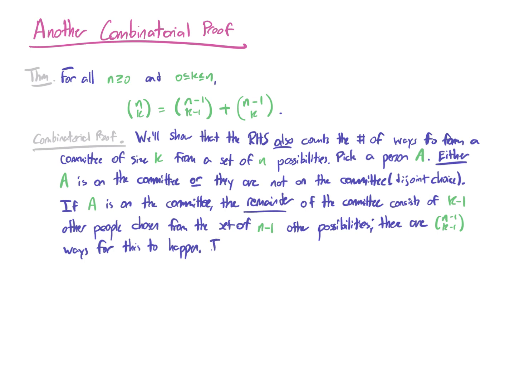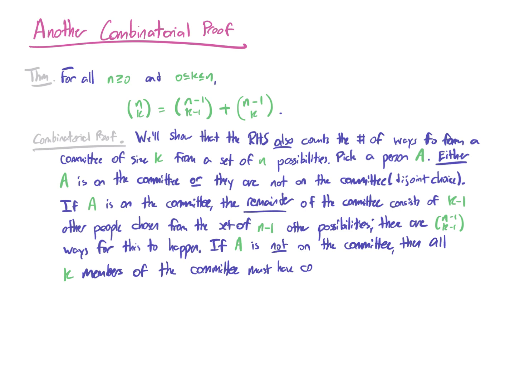On the other hand, if A is not on the committee, then all k members of the committee must have come from the other n minus 1 possibilities.